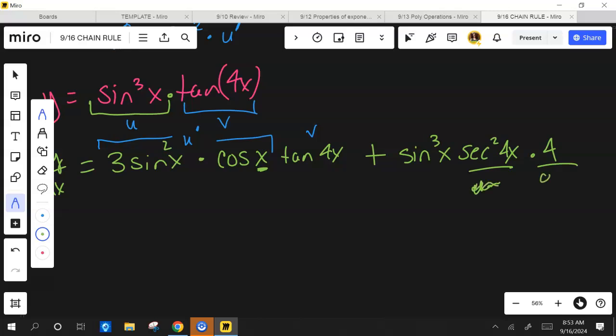No, that's not a chain. This is a chain. Sorry. So here's u, and all of this is the derivative of v.